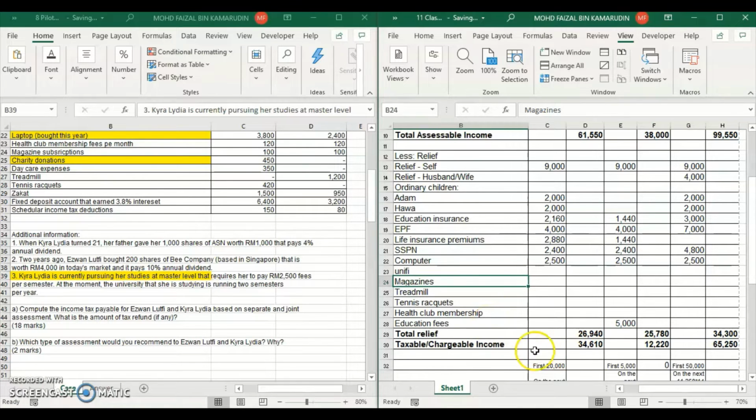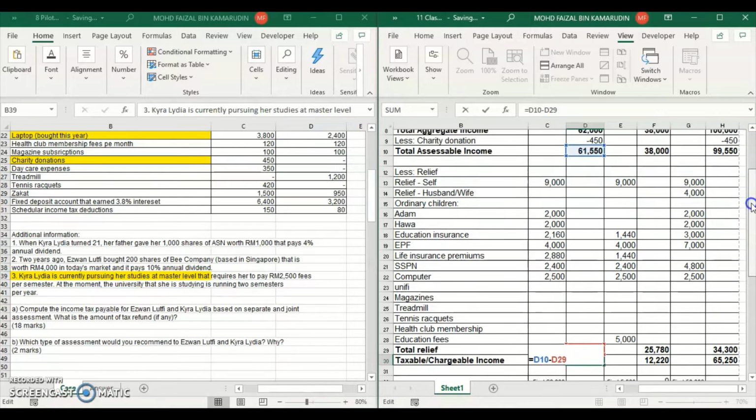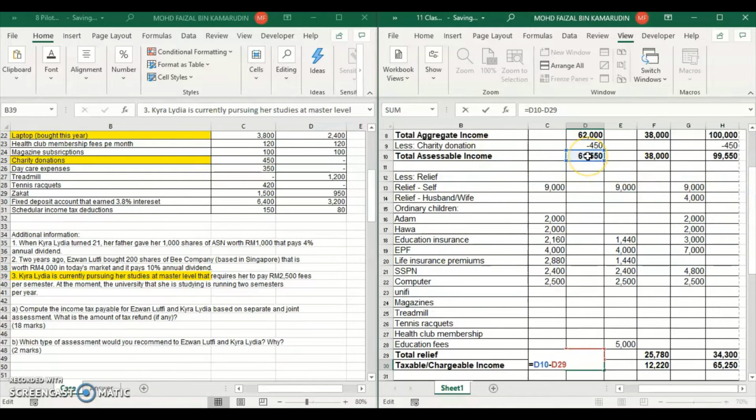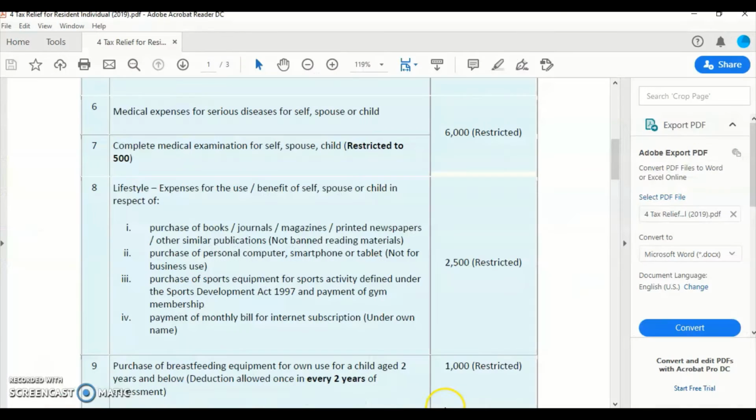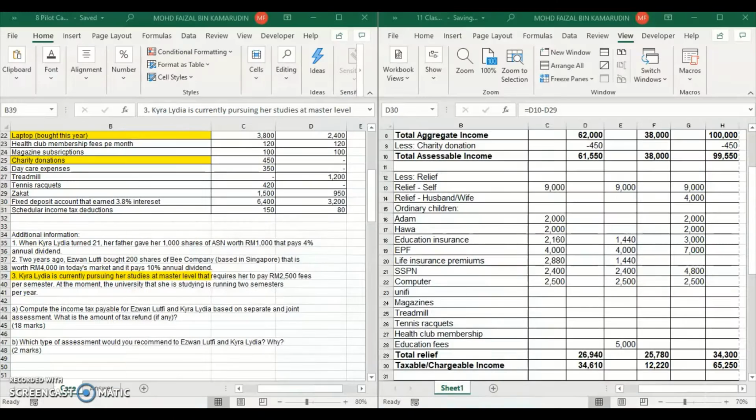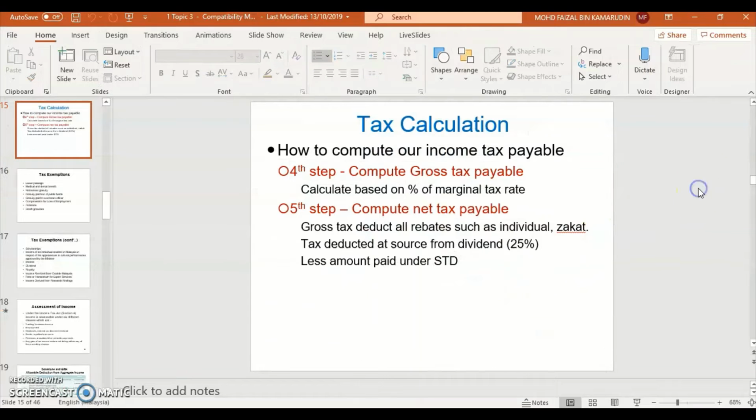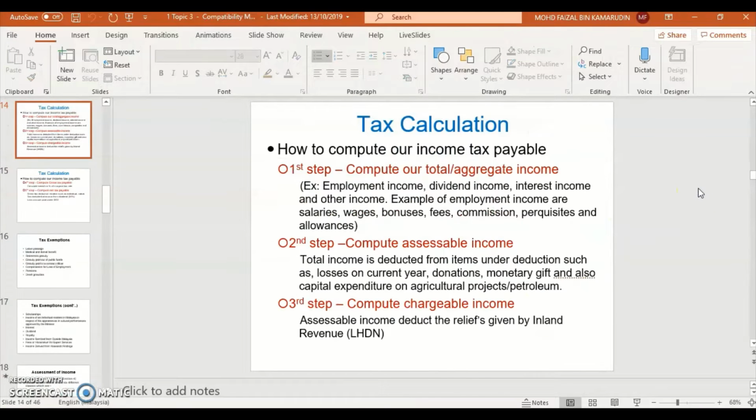Next we have to get step 3, the taxable or chargeable income. How do we do it? You just minus the total relief from the assessable income, then you will get the taxable income. This refers to the slide that was given earlier.